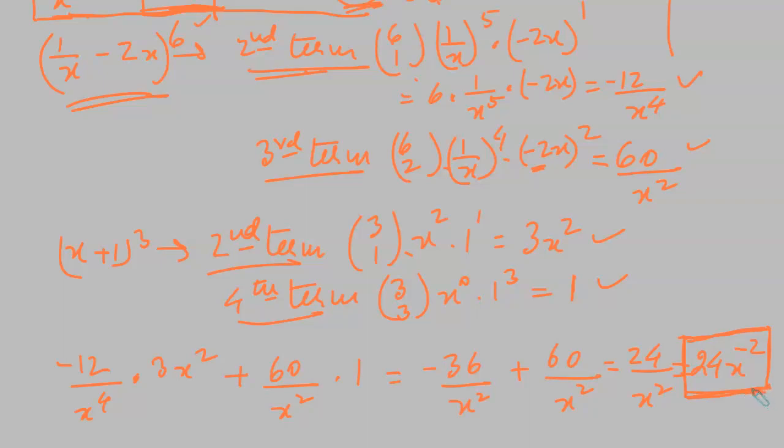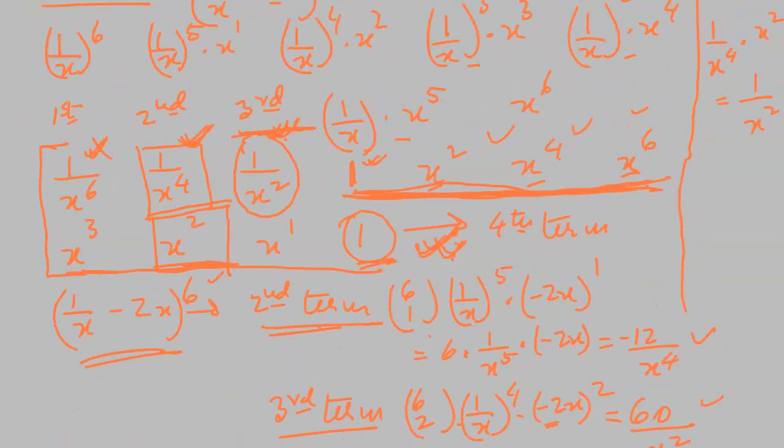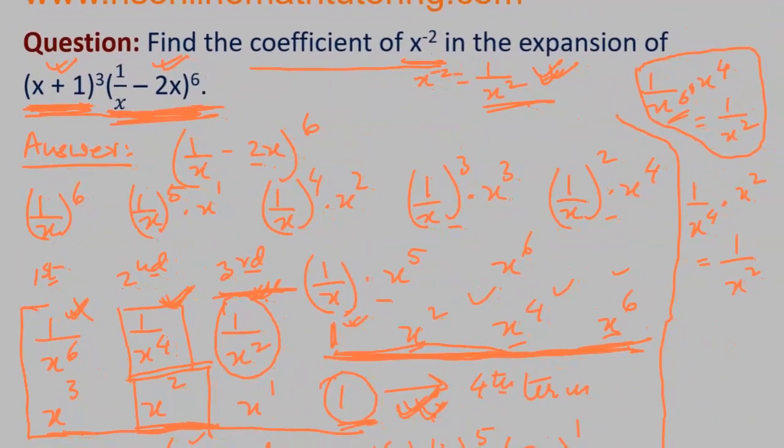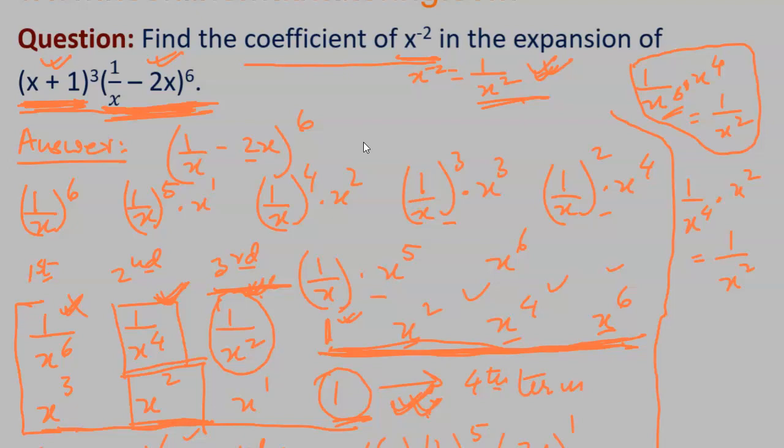If the question asks you to give the entire term, then this will be the answer. But I am showing you the question. We are saying find the coefficient of x to the power of negative 2. So, we cannot include x to the power of negative 2.